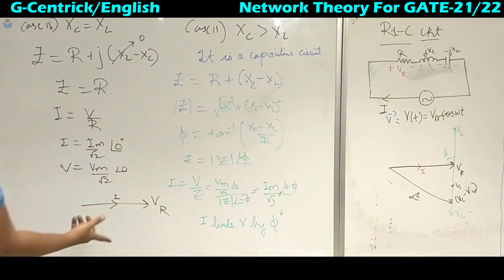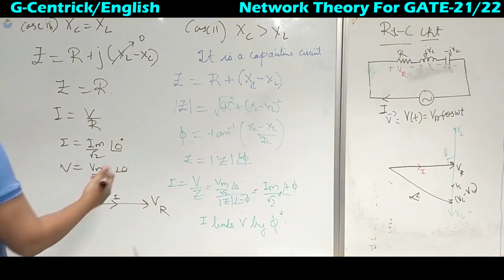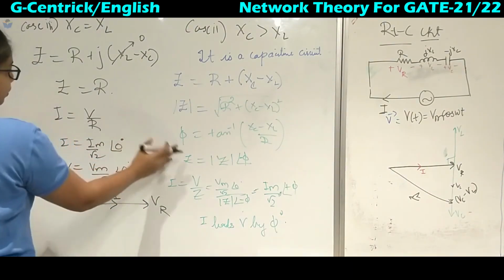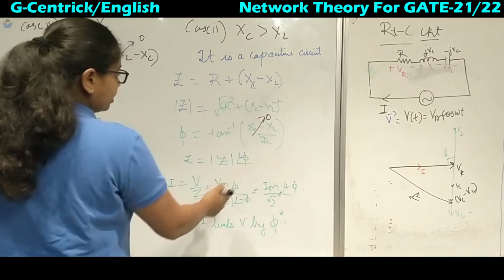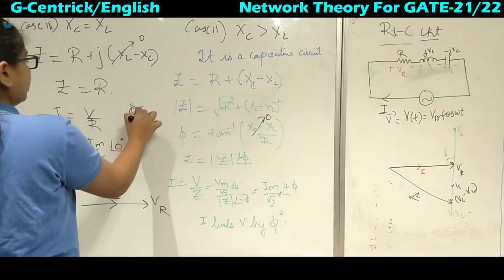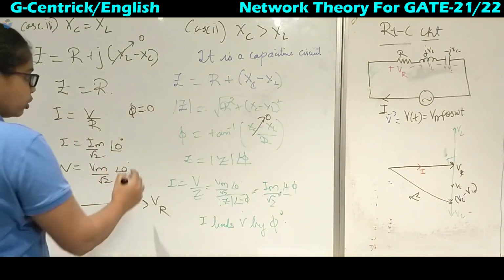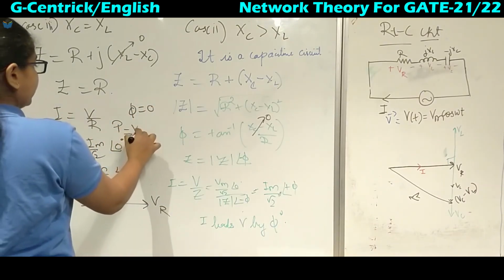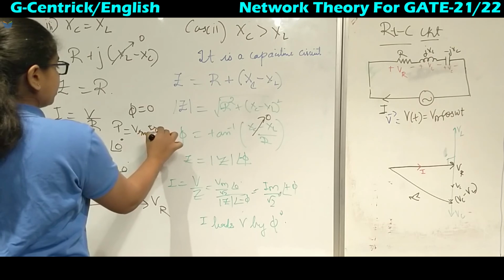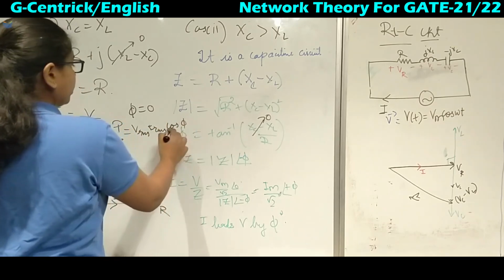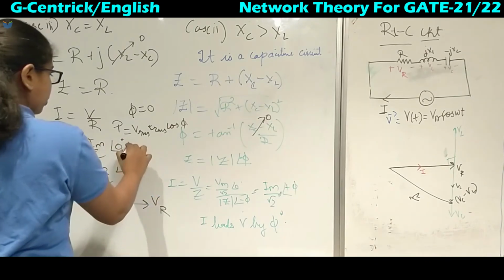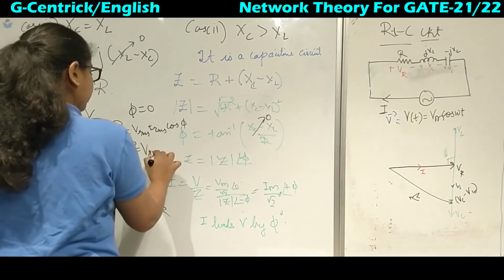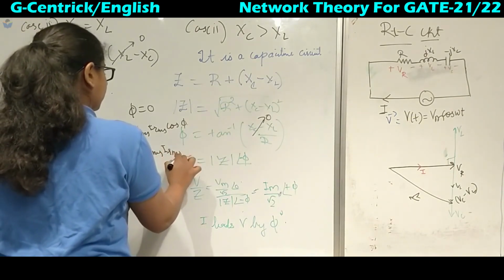If you calculate the angle, the term is 0, and 0 by anything is 0, so phi is 0 degrees. What will you get for the power? Vrms, Irms, cos phi. Phi is 0 degrees, cos 0 is 1, so P is equal to Vrms into Irms.